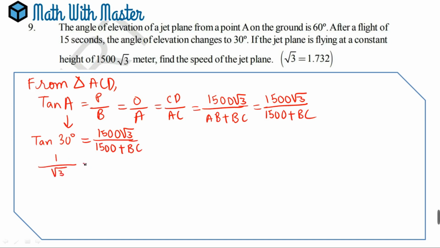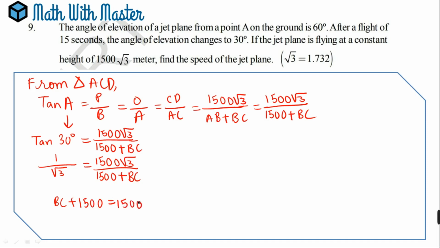It is 1 upon root 3, which is equals to 1500 into root 3 upon 1500 plus BC. Now BC plus 1500 is equals to 1500 into 3 after cross multiplying.